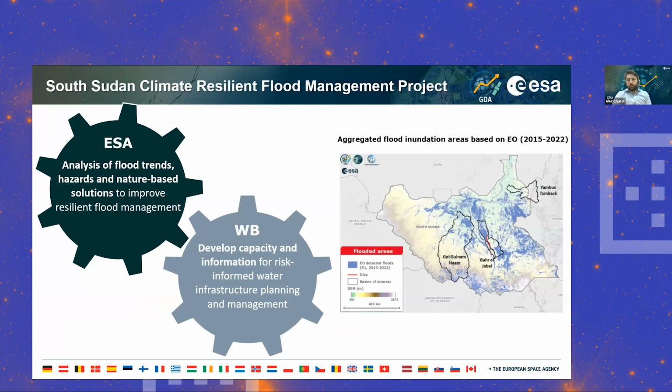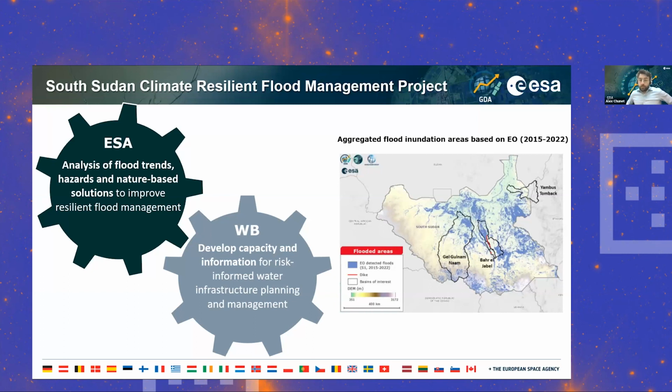So now maybe just to finish, in this last part, just a few examples on what that looks like when we speak about a specific project. Typically in South Sudan, there is a team that contacted us telling us, look, the national government is interested in having better data and information on flood trends, hazards, and nature-based solutions to improve the resilient flood management of floods in the country, right?